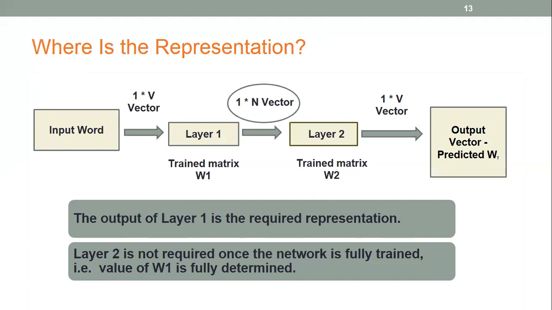So essentially we are compressing the information contained in the one hot vector to form a 1 by n vector, which has all the information of the word, but the representation is much smaller. Because one hot vectors were very sparse, this representation is very helpful.